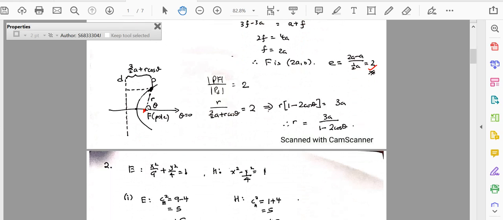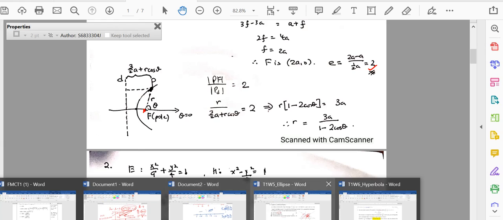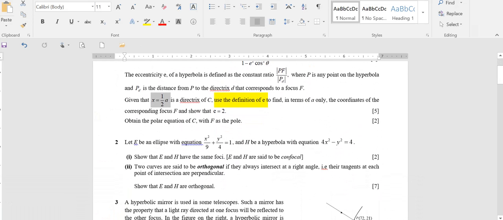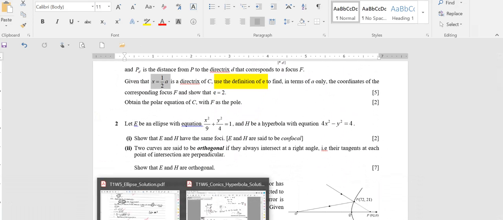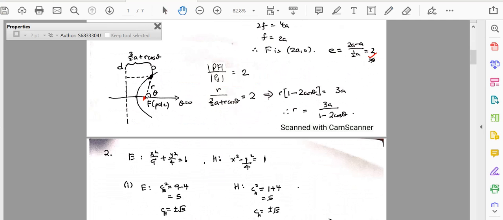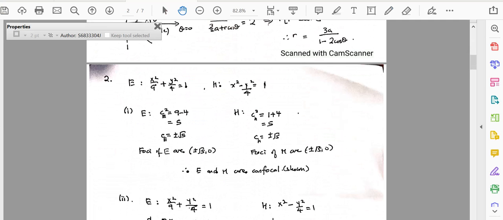Question 2. This was okay. They are confocal, so basically work out the C and it will work out to be the same. One is an ellipse, one is a hyperbola.